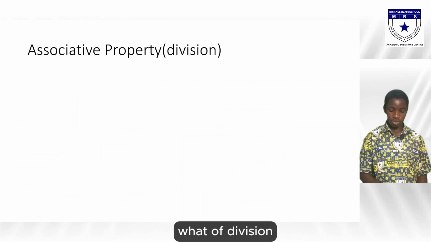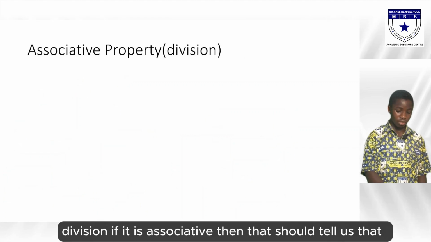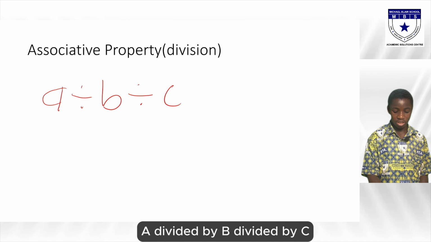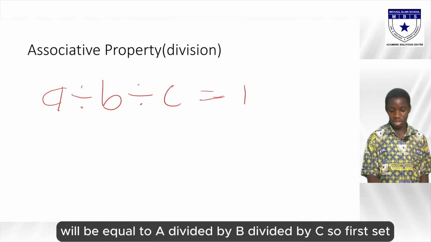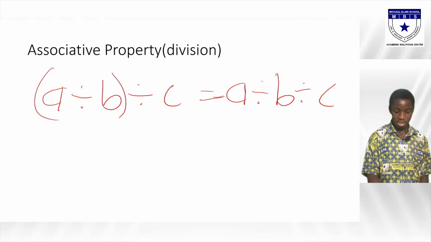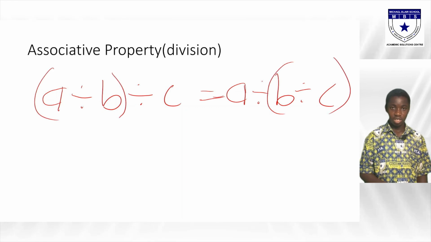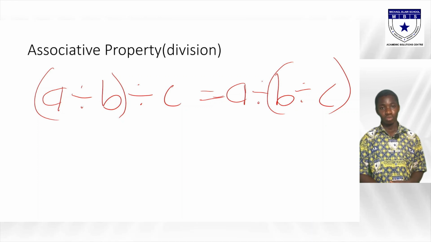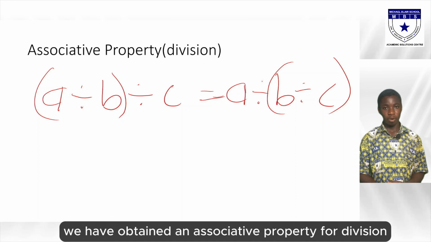What of division? If division is associative, then that should tell us that A divided by B divided by C will be equal to A divided by B divided by C. So first two, second two, and if you finish simplifying them and you see that they are equal, then that means we have obtained an associative property for division.